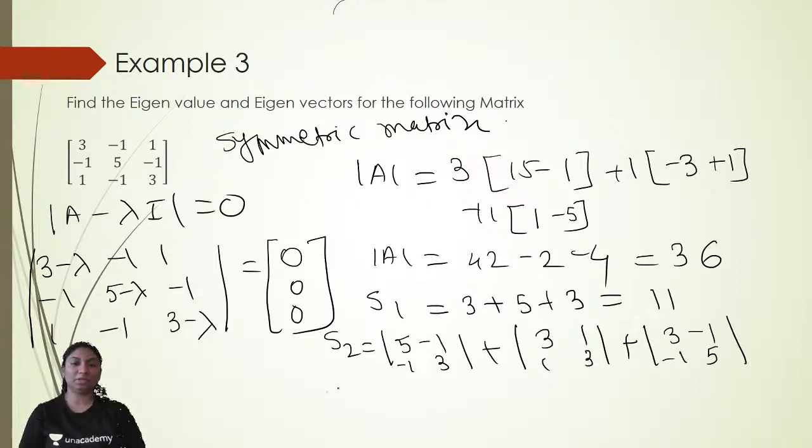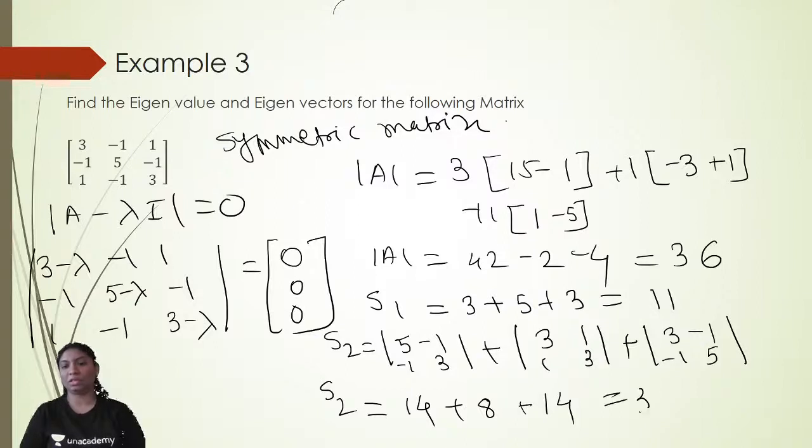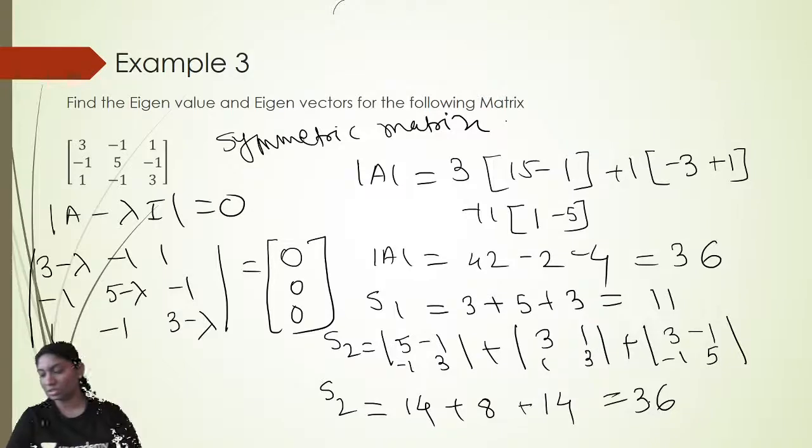Okay, so for S2 you will get 8 minus 1, 7, so 15 minus 1, 14, plus 9 minus 1, 8, plus 15 minus 1, 14, again 36. So S2 is also 36. So you will get S1, S2 and determinant of A.